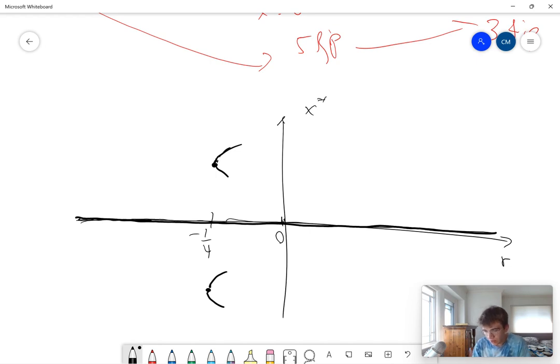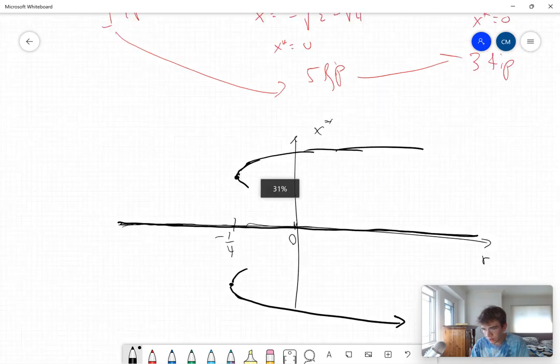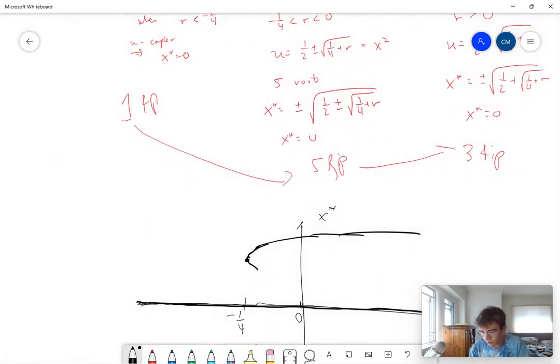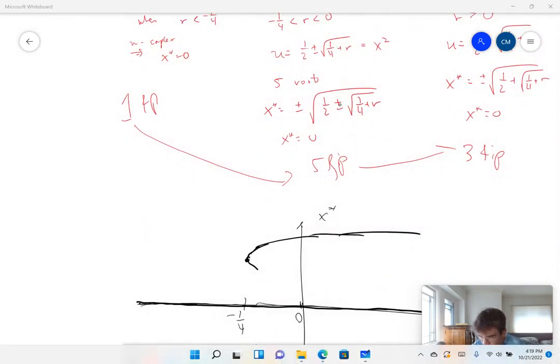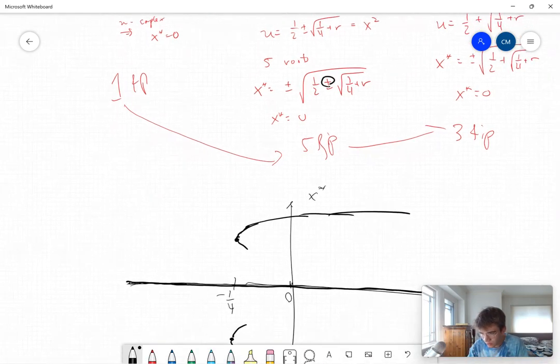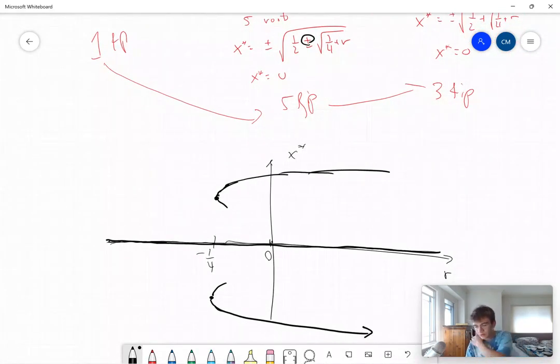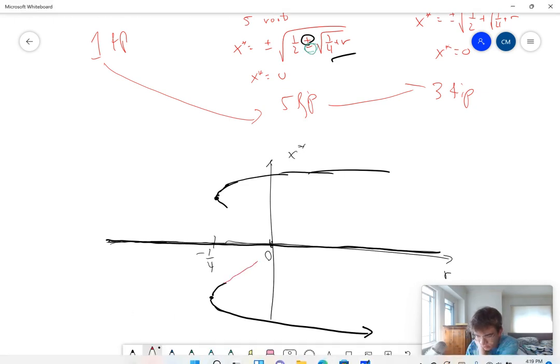And then these outer fixed points, corresponding to the positive conjugate here of the x star, these ones will always exist as long as this expression is well defined. So for r greater than negative 1/4. However, when r becomes positive, all of a sudden these inner fixed points, the ones corresponding to this negative conjugate, disappear and become complex.